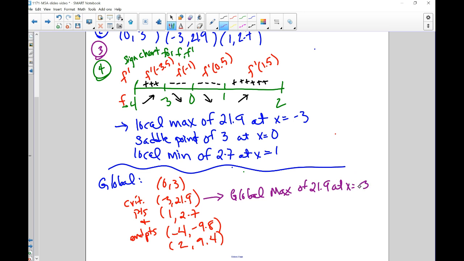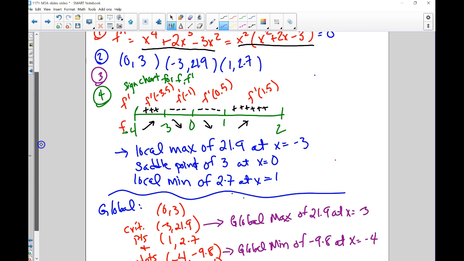And then the smallest is going to be the global min, which is right here at -4. So a global min of -9.8 at x equals -4. With that, I've classified the local and global extrema and completed this problem.